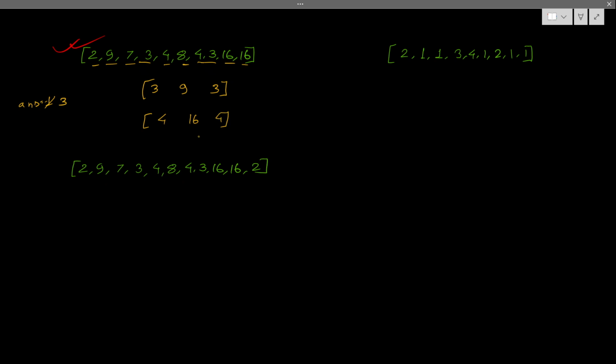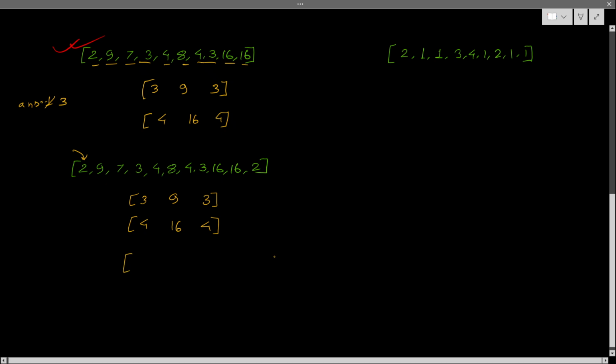So if there are 2 twos, right now the same thing is there, nothing will change. I know that in the previous case I got 3, 9, 3, and in another case we got 4, 16, 4. What happens if we add an extra 2? I need 2 number of 2's, and I am getting 2 number of 2's.